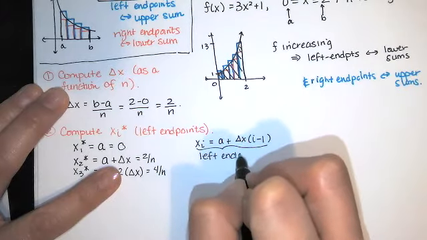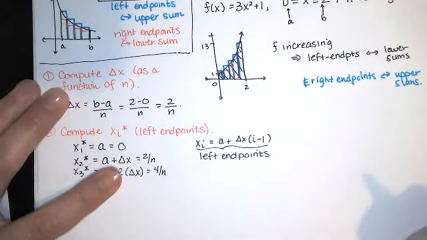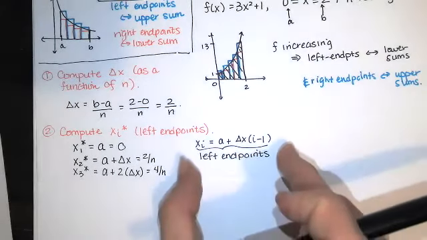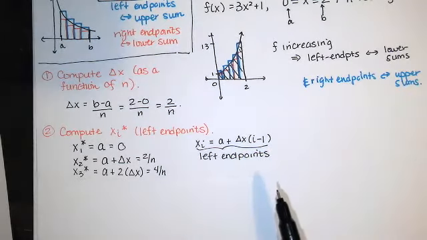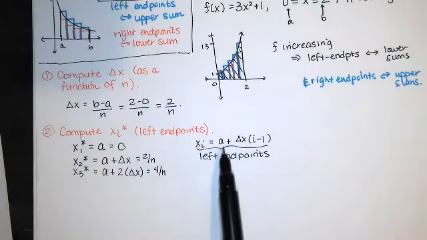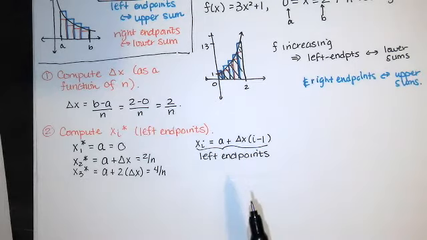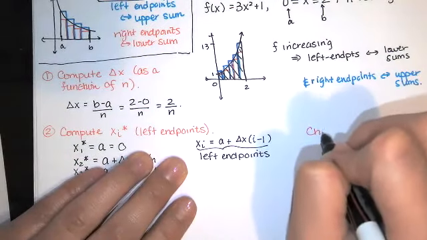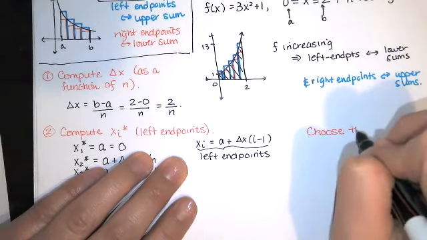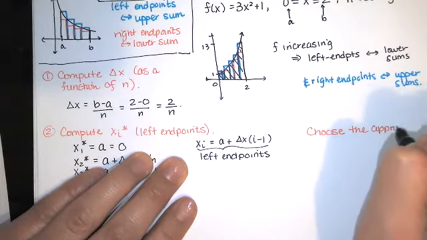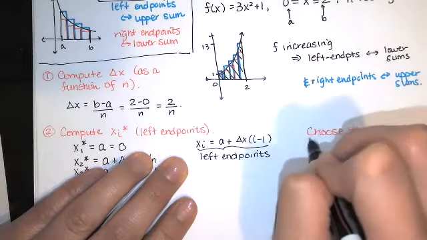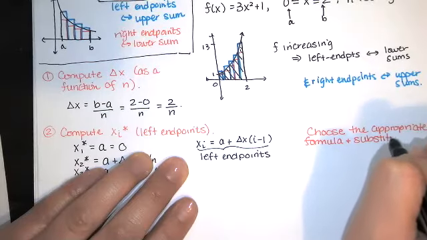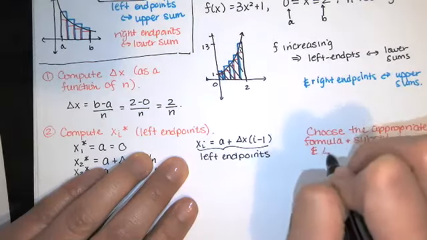You don't have to memorize this. I will give this to you. So you're computing this, and you would actually just look it up in the formulas. You'd say, okay, the left endpoint formula is this. And then you substitute in the value of a and the delta x that you just calculated. So you'll choose the appropriate formula and substitute a and delta x.